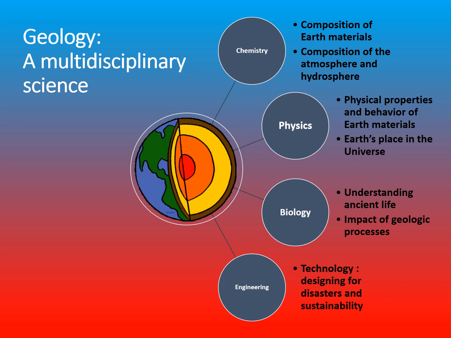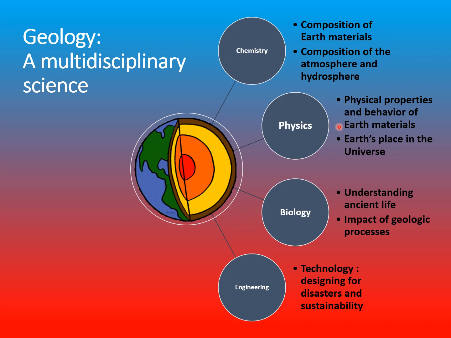Okay, so you see here we have chemistry. So that deals with the chemical composition of the Earth's materials, and the composition of the atmosphere, which is the air surrounding the Earth, and the hydrosphere, which is water on the surface and underground.